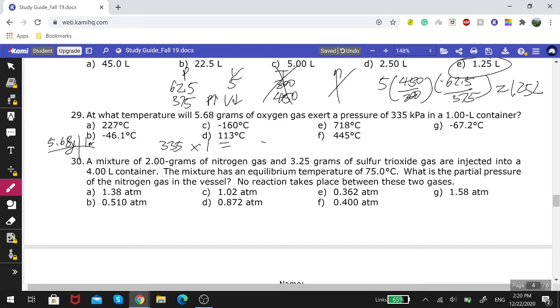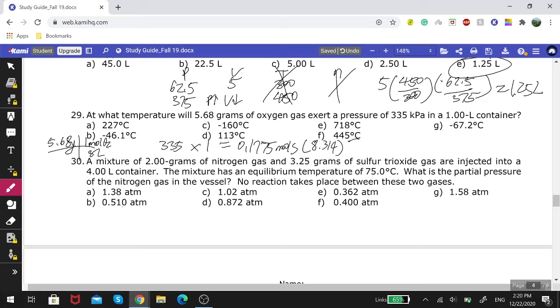So 1 mole of O2 will contain 32 grams. So it's 5.68 divided by 32, which gives us 0.1775 moles of O2, times that gas constant, which is 8.314, times, what are we missing?